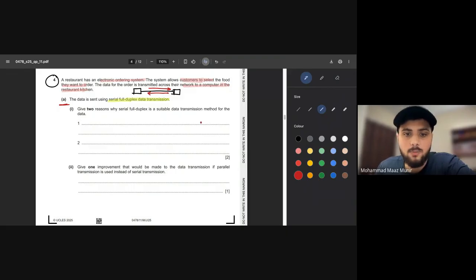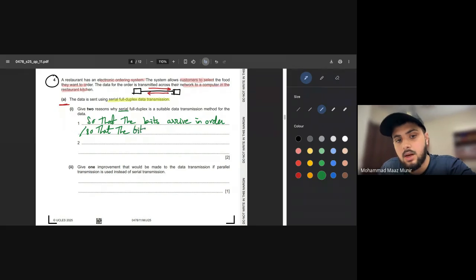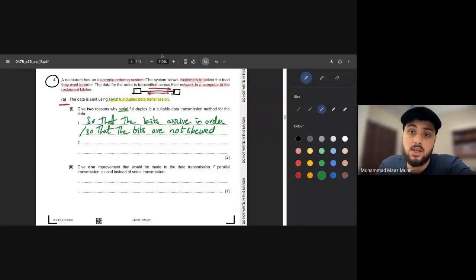So first, why serial full duplex: for serial, I can say so that the bits arrive in order. Or if I want to write it in other words, you can also write it so that the bits are not skewed.